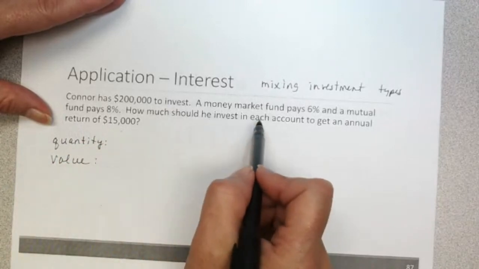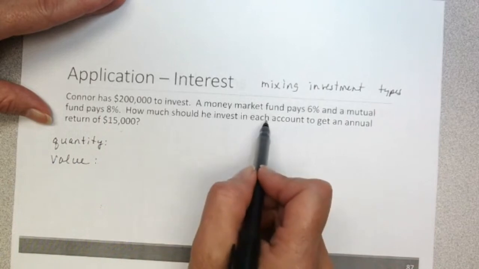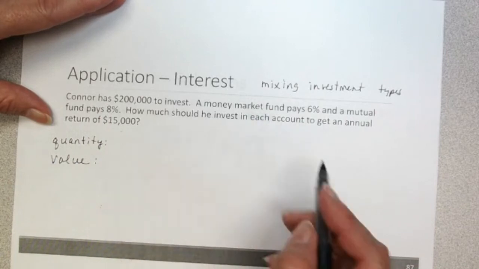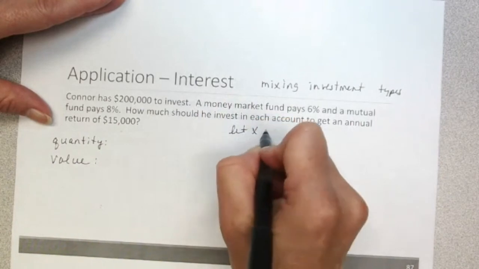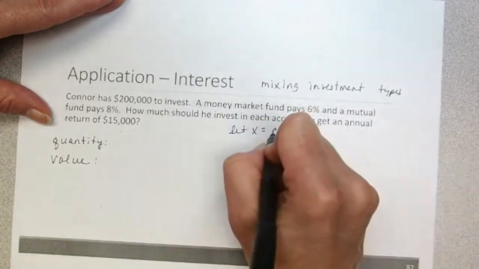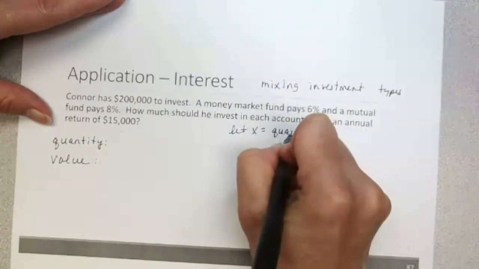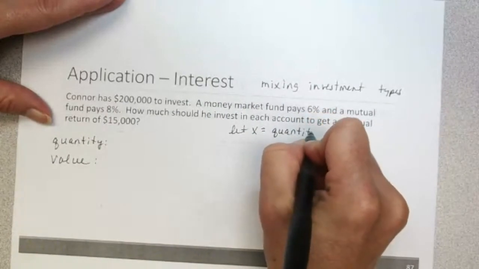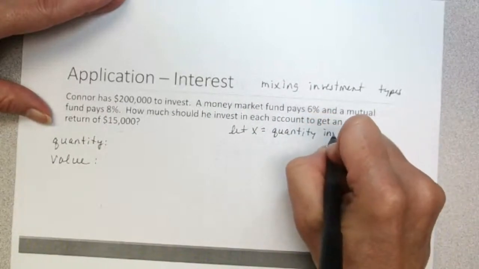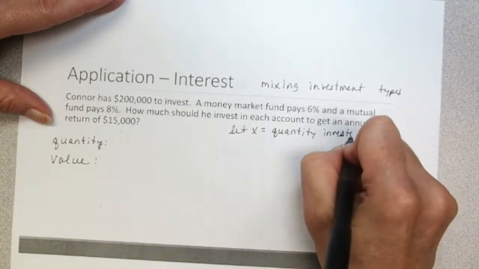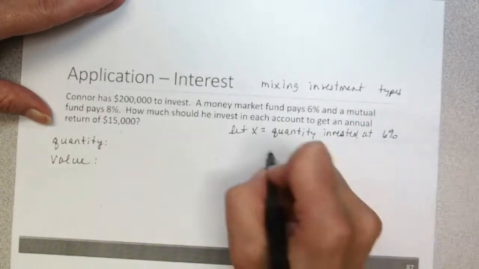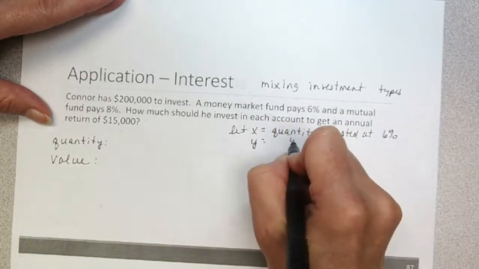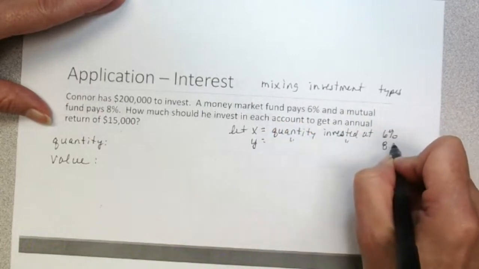How much should he invest in each account? So I need to know how much is going to be in the money market and how much is going to be in the mutual fund. I guess I'll just let X equal the quantity invested at 6%, and then we'll let Y be the quantity invested at 8%.